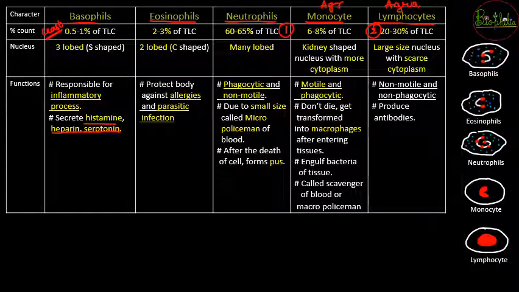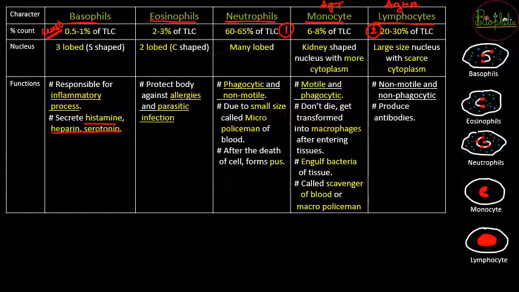They again engulf the bacteria, doing quick phagocytosis, and because of this nature the monocyte is called a scavenger of blood, since it is cleaning out dead and unwanted things. So it is a scavenger of blood or a macro policeman.